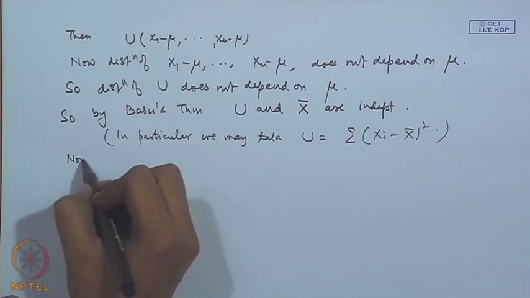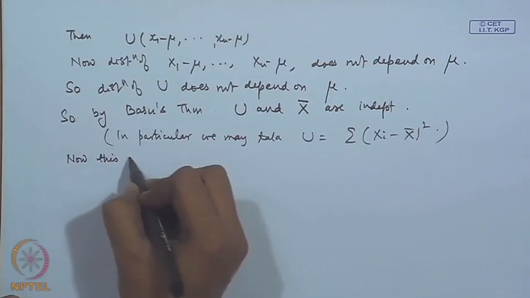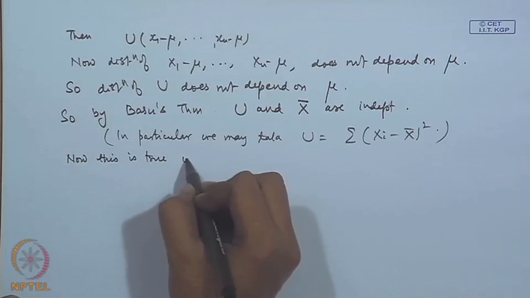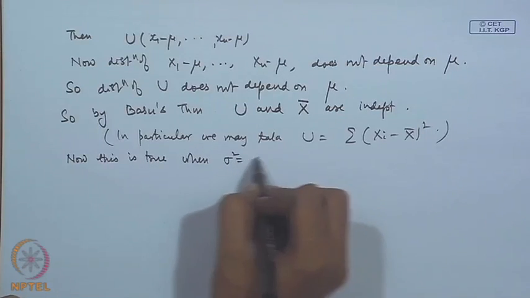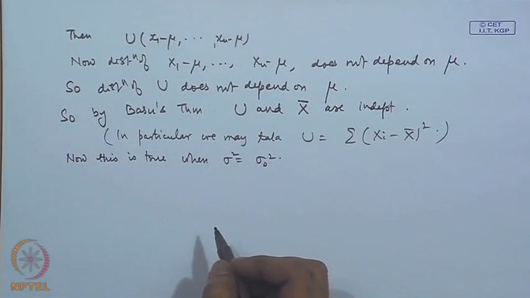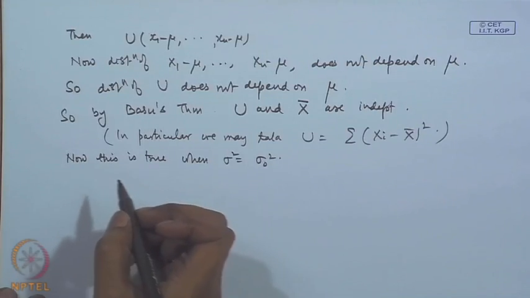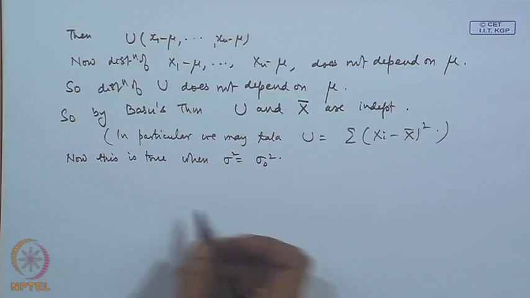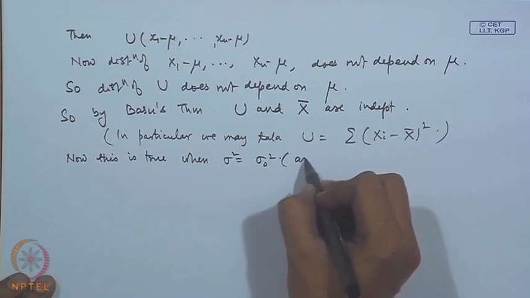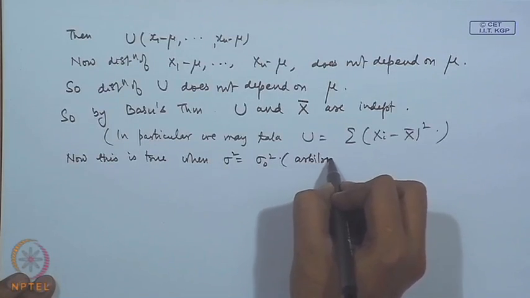Now, this is true when sigma square is fixed as sigma naught square. Okay. But the distribution of this is arbitrary.